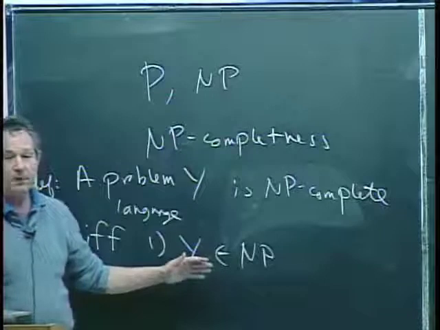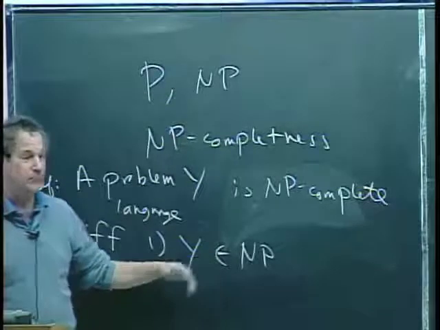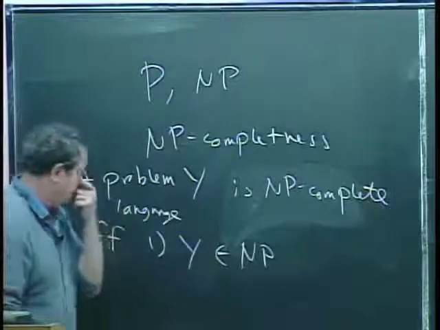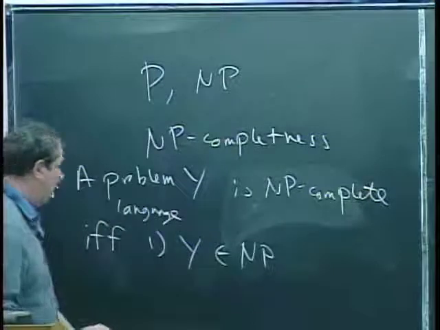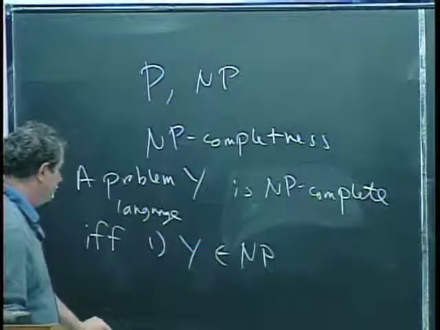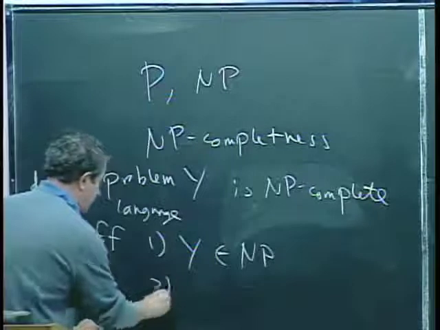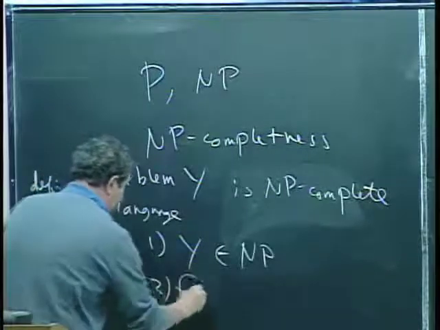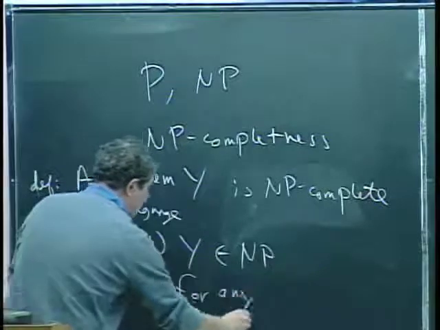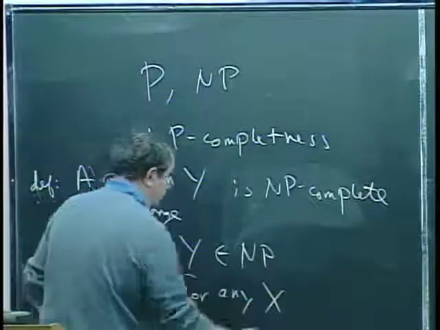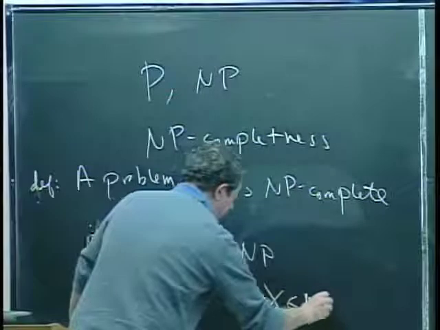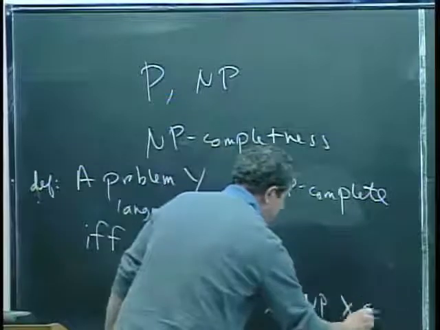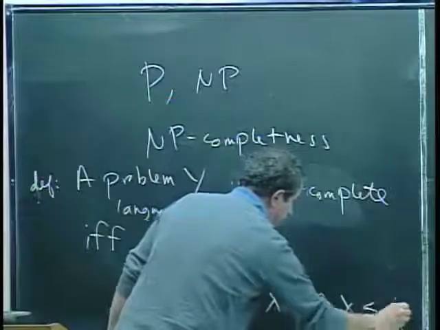But that's not a formally correct definition, and that's why we did the whole certifier and certificate definition. But the most important part of this definition is that for any other language X that's contained in NP, X reduces in polynomial time to Y.